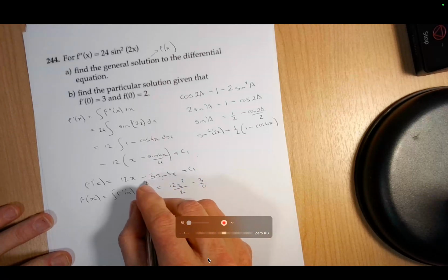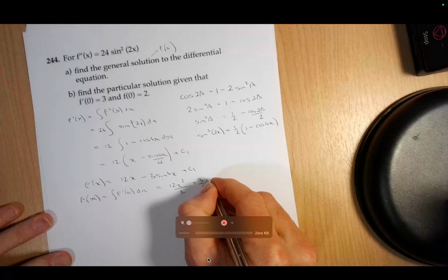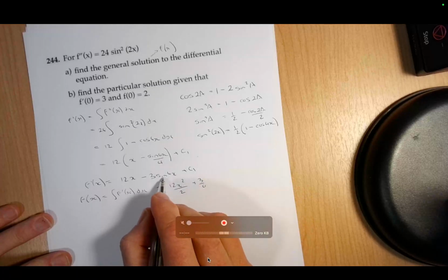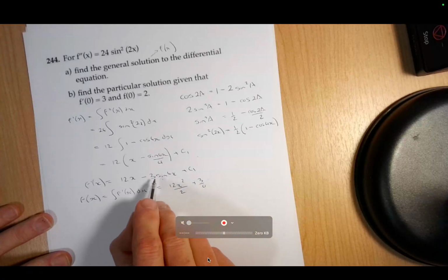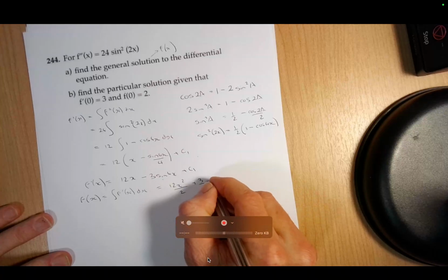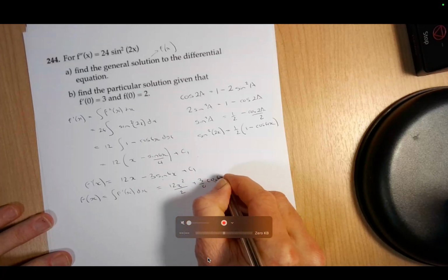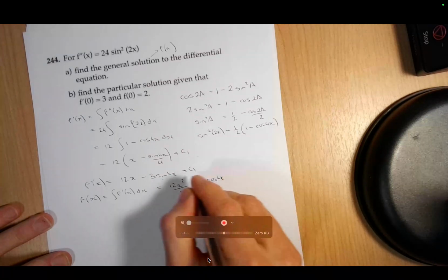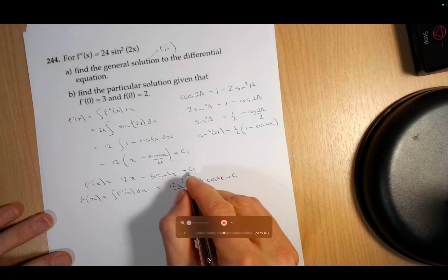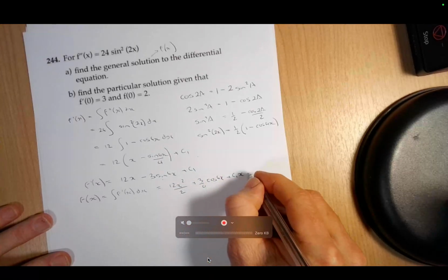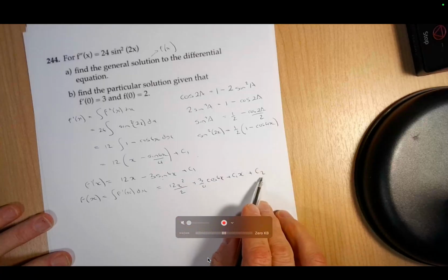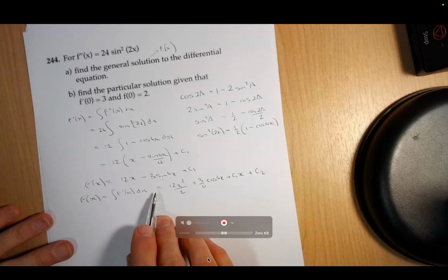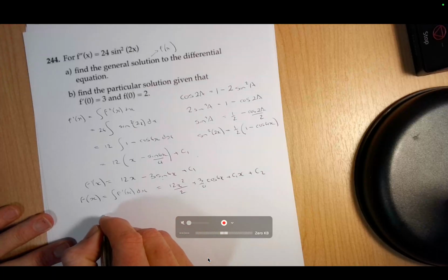Sine goes to negative cos. Negative gives you a positive, so it's going to be cos 4x, and I've already divided by 4 there, plus c1x plus the second constant of integration for the second integral. Okay, so there is the general solution.